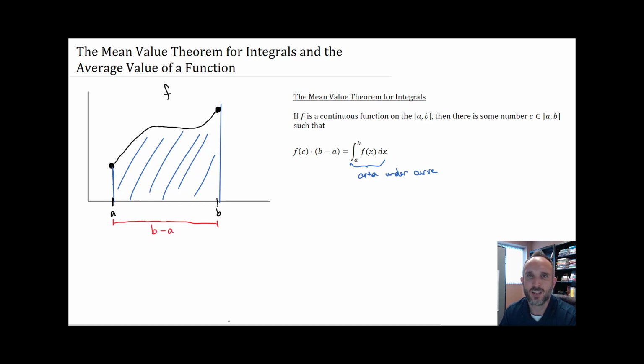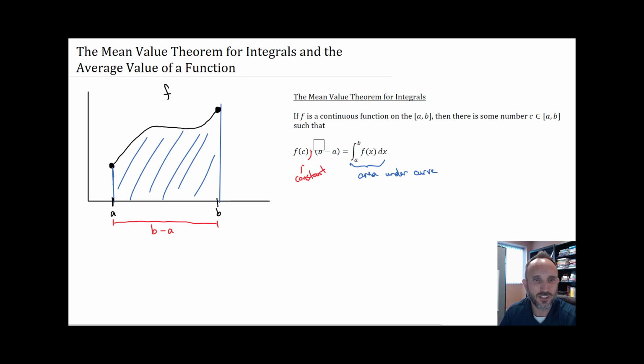And what it's telling me is if I multiply that by some y value, some height, since this is the output of the function, it's a height, it's a y value, if I multiply that by this height, it should give me the same area that I have underneath the curve. So the key is, this is a constant, because f of c is a number.